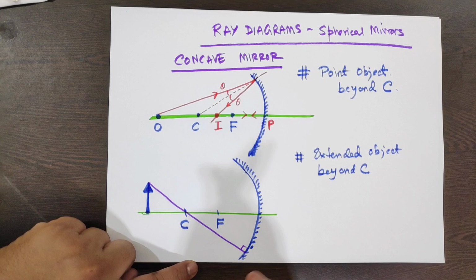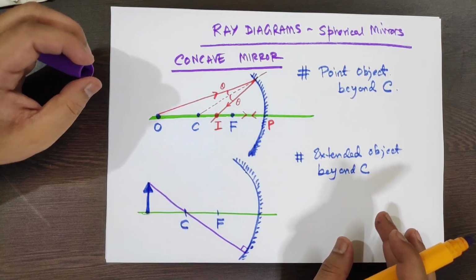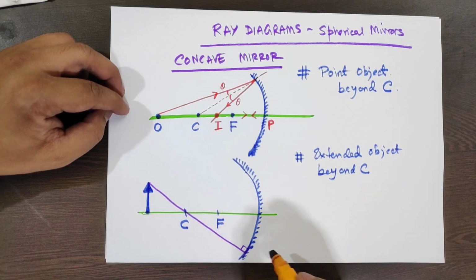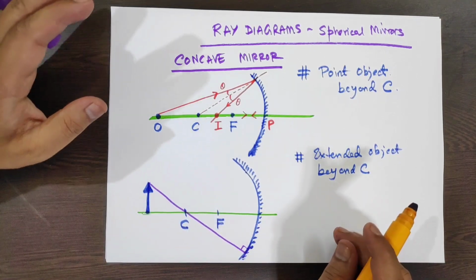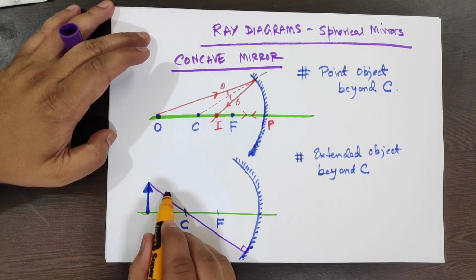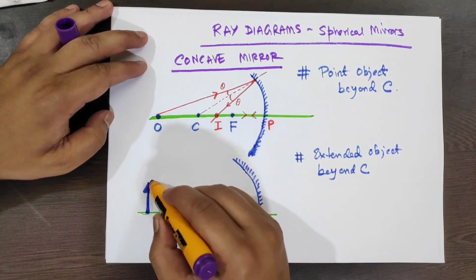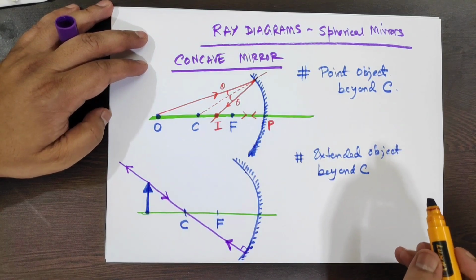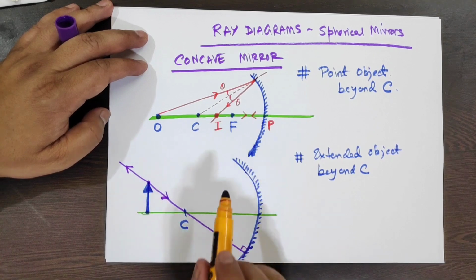Because any radius of the sphere is perpendicular to the local tangent, or any line from center to circumference is normal to the surface of the sphere. So whatever this light ray, this will go and come back via the same path and continue its journey here, right?